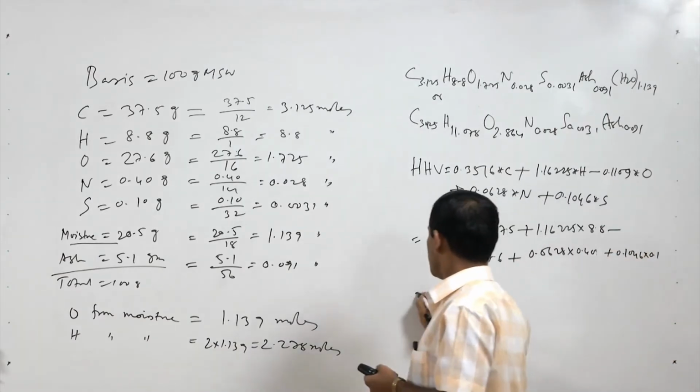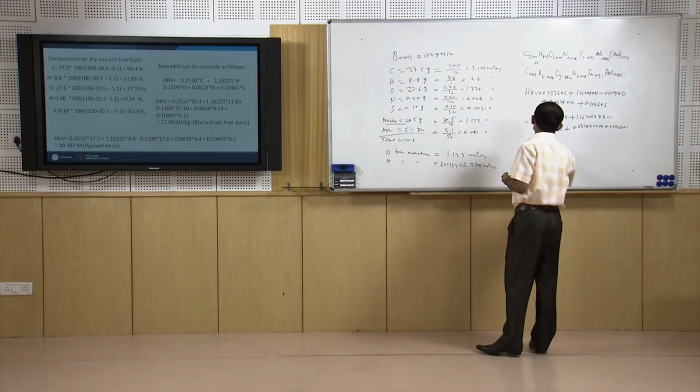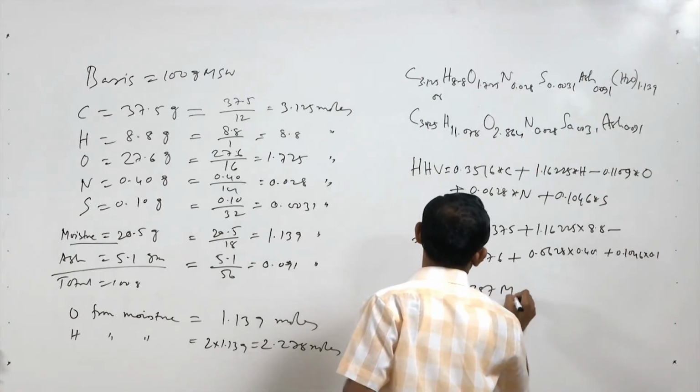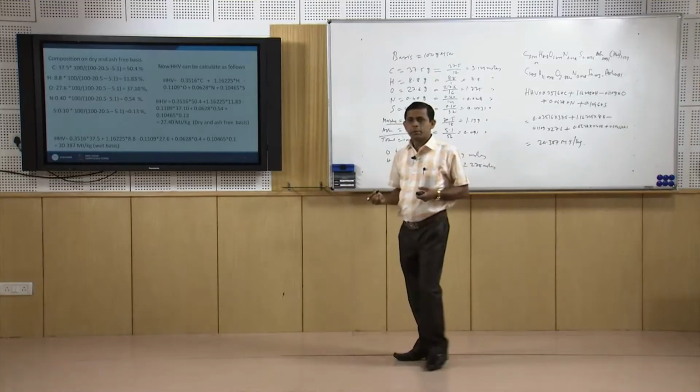That is equal to around 20.387, so 20.387 megajoule per kg. This is on a wet basis.